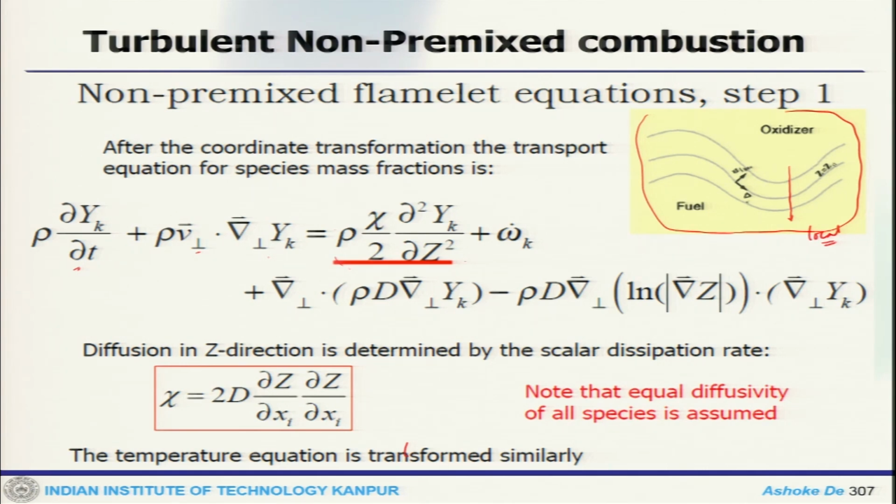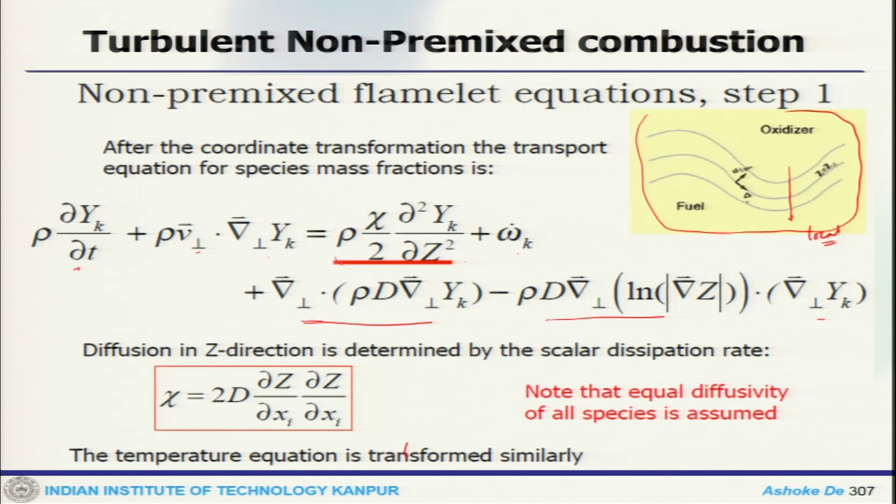So instead of looking at the mass fraction equation in 3 different coordinates, we are trying to write the mass fraction equation in a single coordinate system of this, then the reaction source term, and we will get other extra terms like this, this and this.